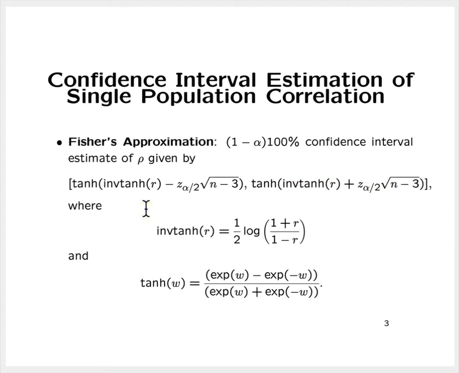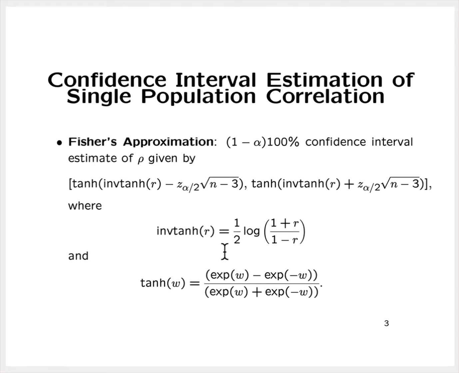And notice that this is quite a complicated set of formulas for constructing the lower and upper endpoints. Much more complicated than we would use for constructing confidence intervals in a first methods class or two. These lower and upper endpoints involve the inverse hyperbolic tangent function and the hyperbolic tangent function.